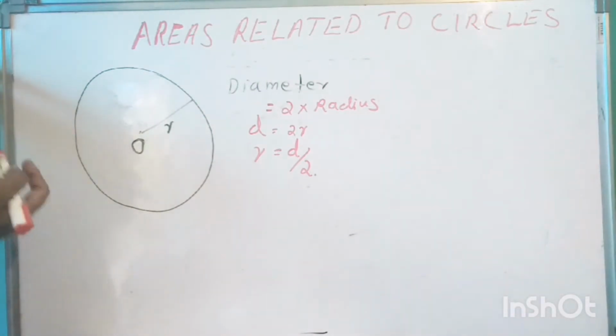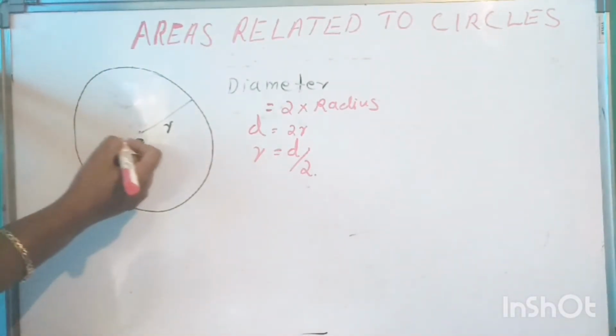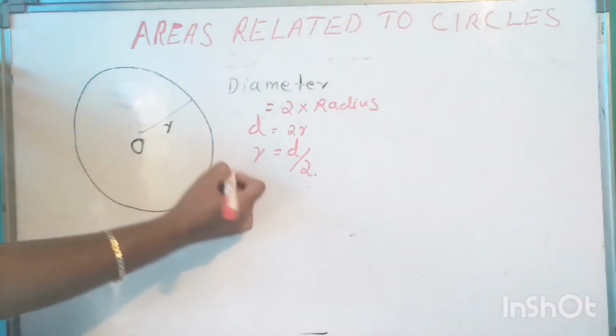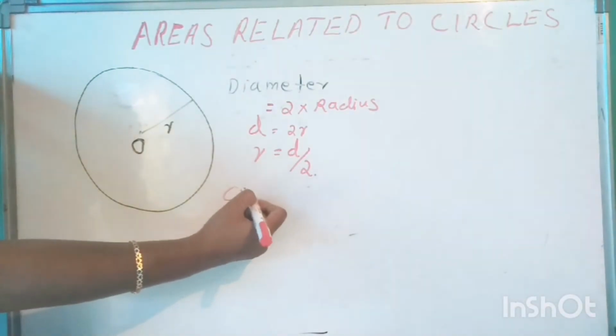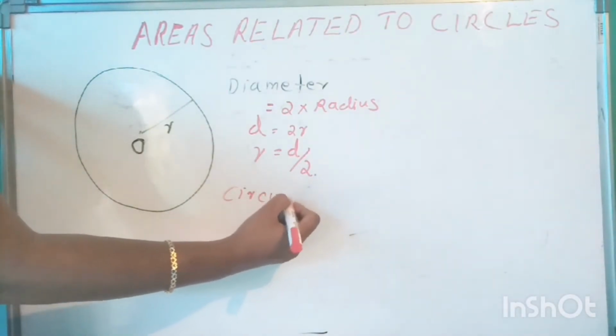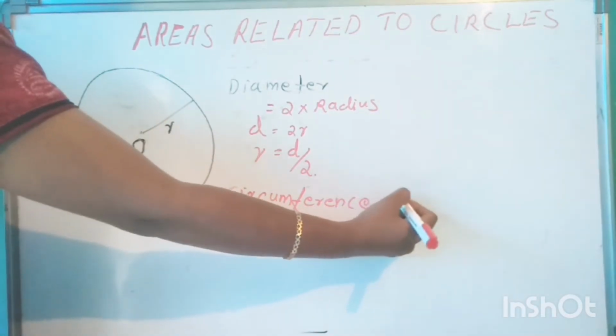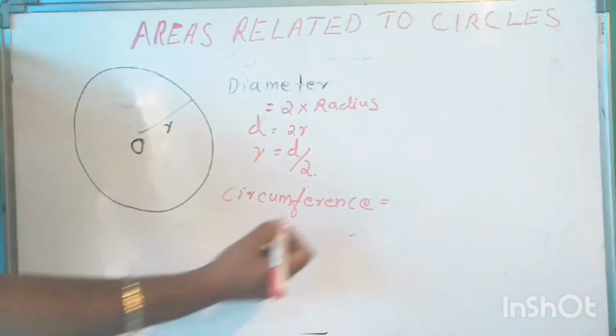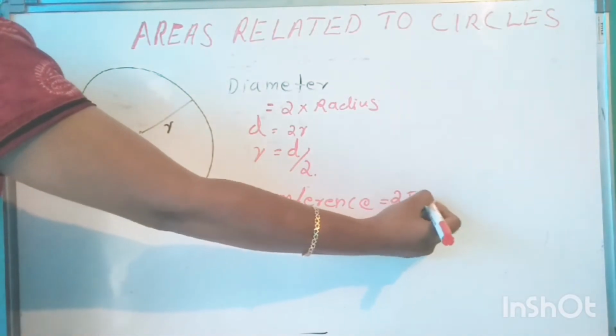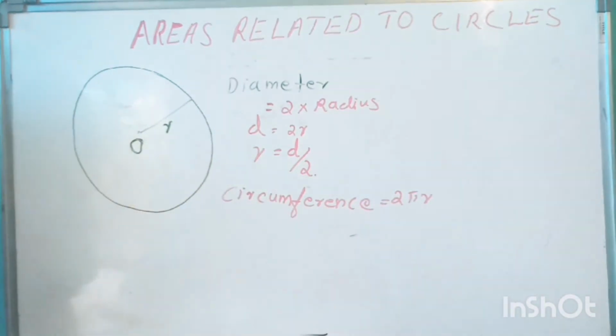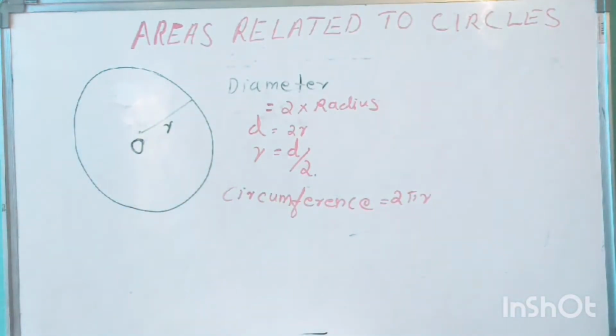Then how can we find out the circumference of a circle? Circumference of a circle is equal to 2 pi r.